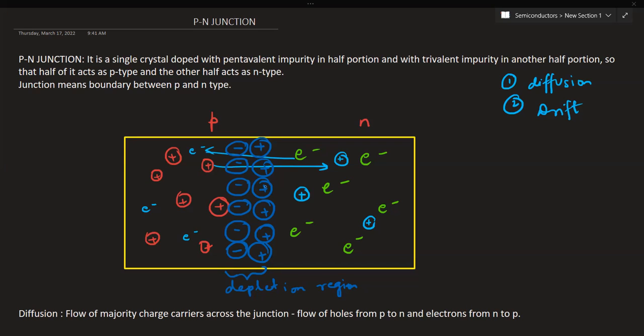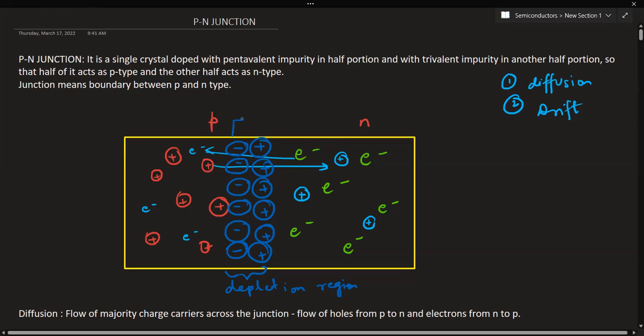You're already aware of the terms electric field and potential, and the creation of these negative and positive ions will set up the electric field and the potential. So the accumulation of negative charges in the P region and positive charges in the N region sets up a potential difference across this junction.